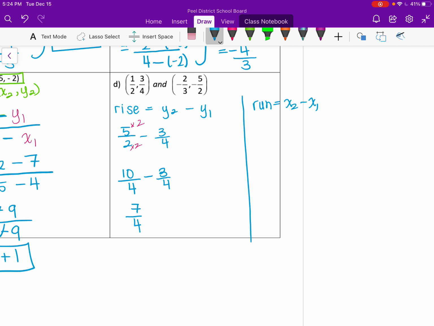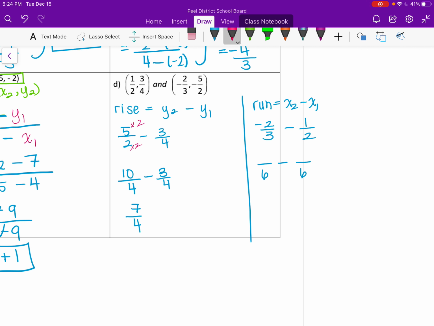Okay, we're going to do the same thing for the run. So for our run, it was negative 2 over 3 minus 1 over 2, right? Got to change these to equivalent fractions, so I'm going to put them all over 6. Remember the minus sign in the middle.